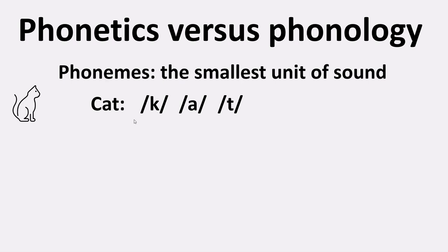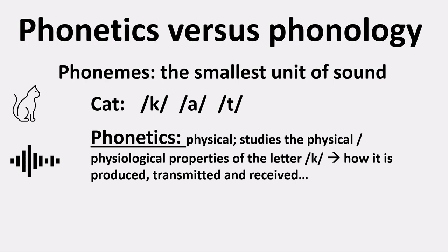And these phonemes are important because if we replace a phoneme by another phoneme, we get a different word. For instance, if we replace the K by the B, we get bat. And bat is not the same as cat. It has a totally different meaning. So what is phonetics? Phonetics is basically the branch of linguistics that studies the physical and physiological properties of sounds.